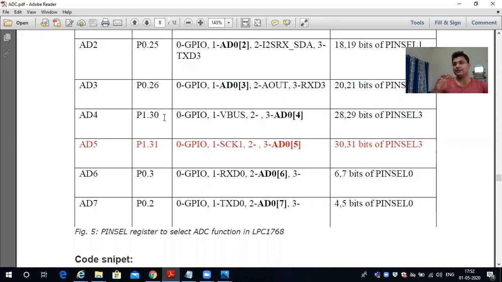Here in LPC 1768, we are using a 12-bit approximation algorithm. So our successive approximation register comprises 12 bits. Anything which we feed in as an analog signal will find its converted expression in a 12-bit digital output. That 12-bit digital output we later convert into its approximate equivalent voltage value.